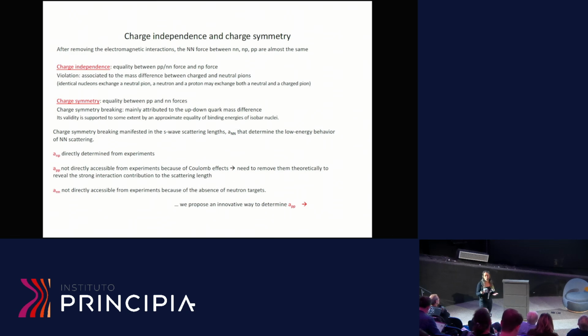Just to give you numbers, the proton-proton scattering length with the Coulomb interaction is minus 7.8 Fermi. When you remove these Coulomb effects, you get something like minus 17.6. So the numbers are really different. So the Coulomb interaction really plays an important role. And of course, ANN is not directly accessible from experiments because you don't have neutron targets.